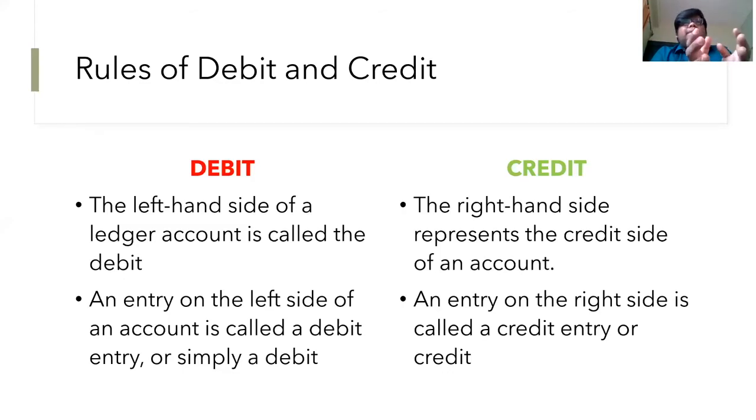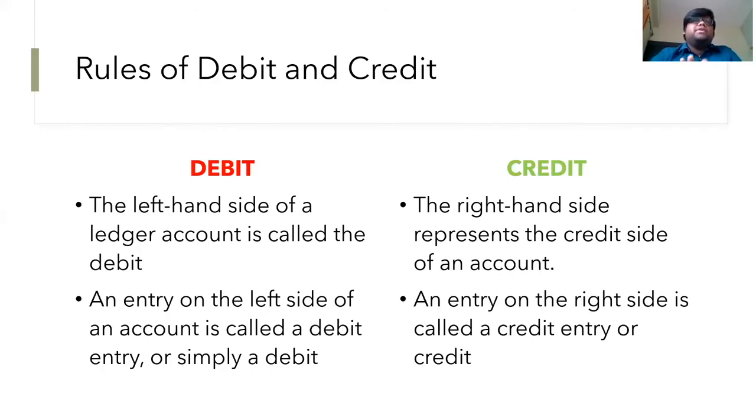For example, the amount of cash in hand on the first day of the accounting period is recorded on the debit side of the account. Whenever an amount of cash is received, an entry is made on the debit side of the cash in hand account. Similarly, when an amount of cash is paid out, an entry is made on the credit side of the cash in hand.